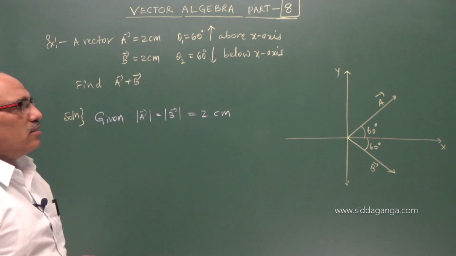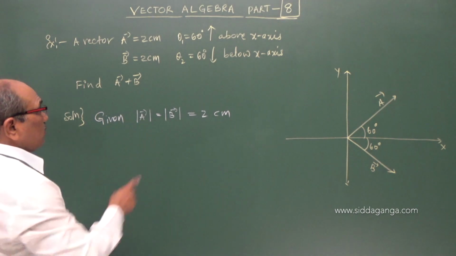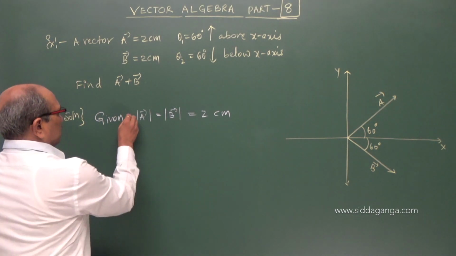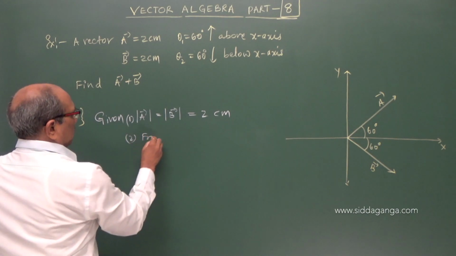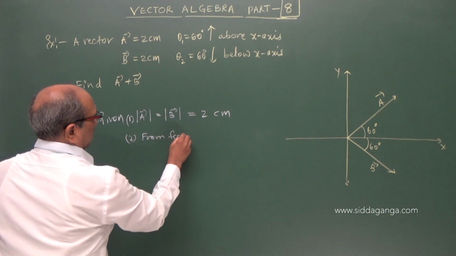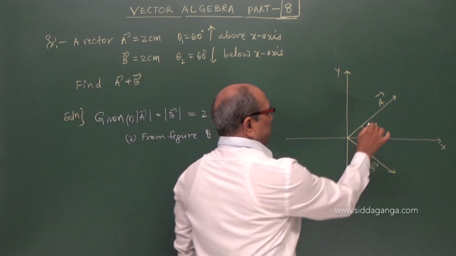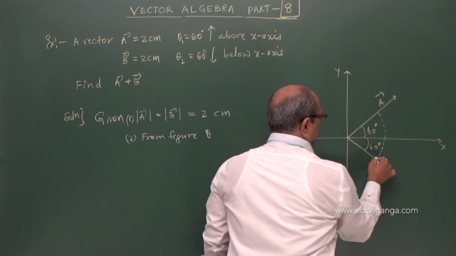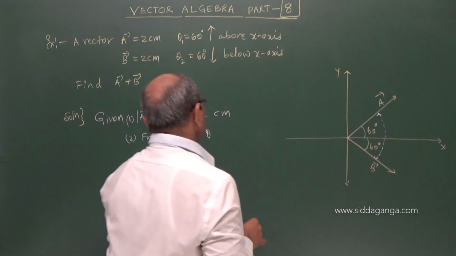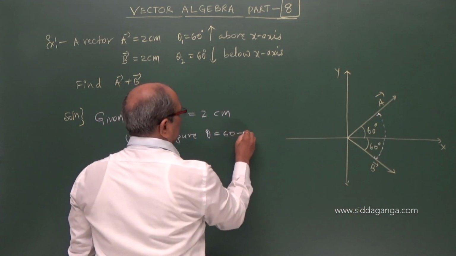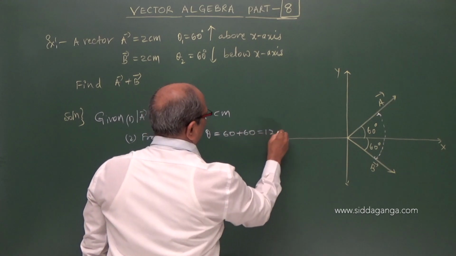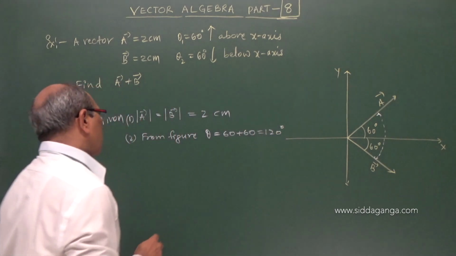When A and B are same, what is the angle between them, from the figure? The angle theta between them is this total angle. How much is this total angle? Theta equal to 60 plus 60 equal to 120 degree.